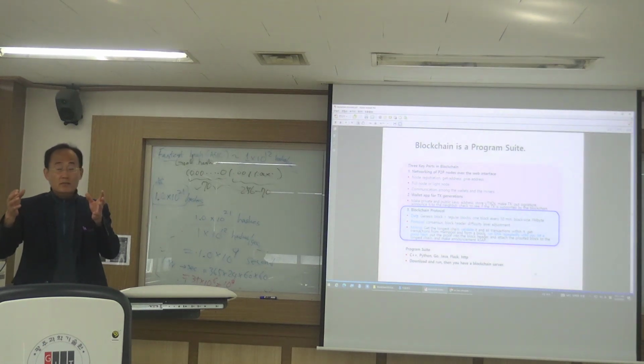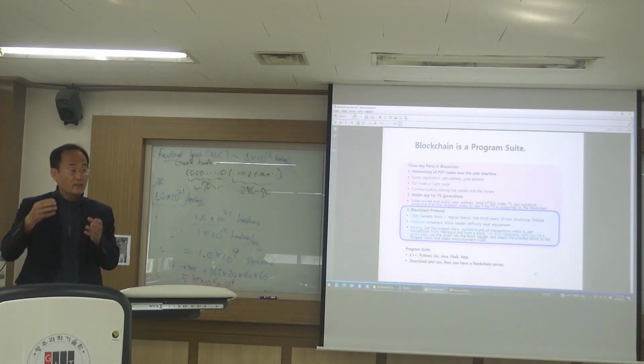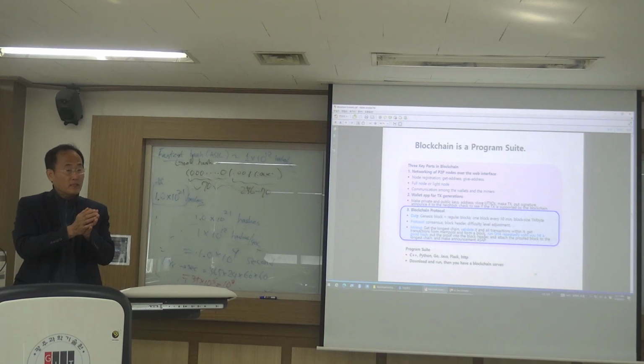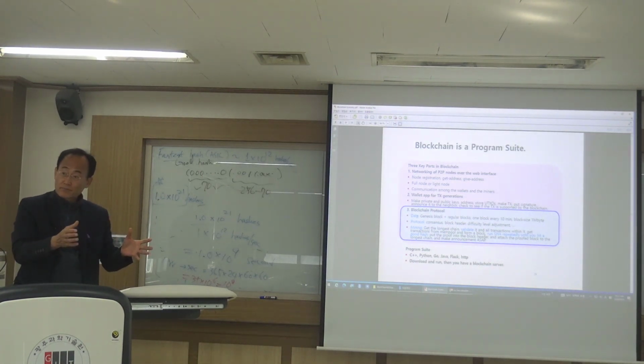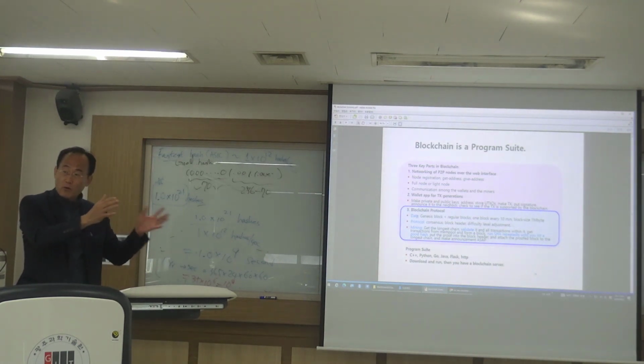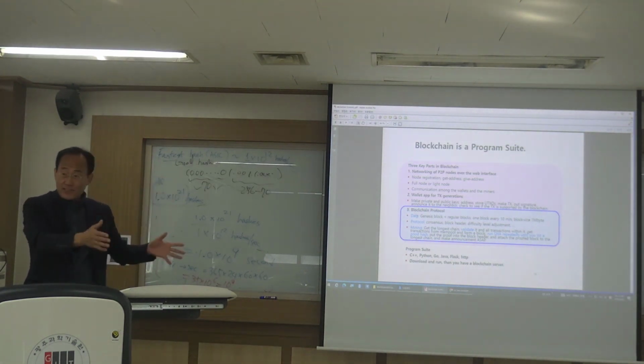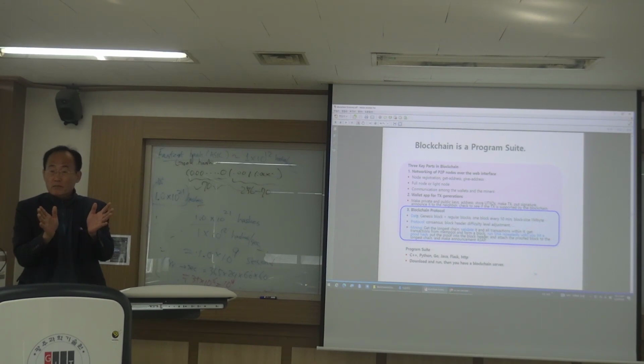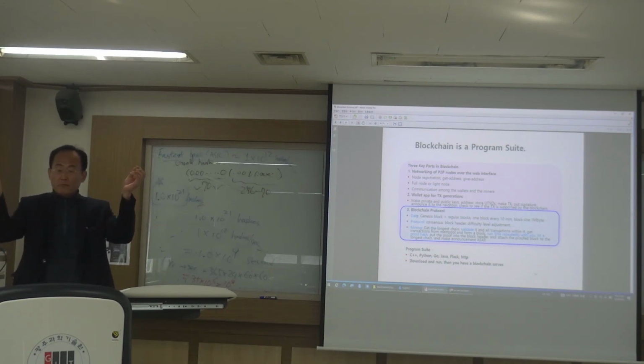And then it verifies if this address has enough funds by looking at the record of the blockchain. And then if there is no problem, they put this transaction into a block.